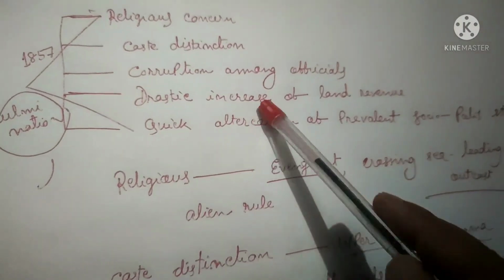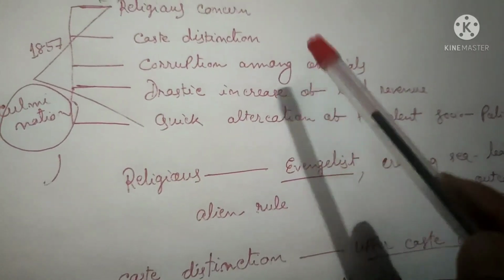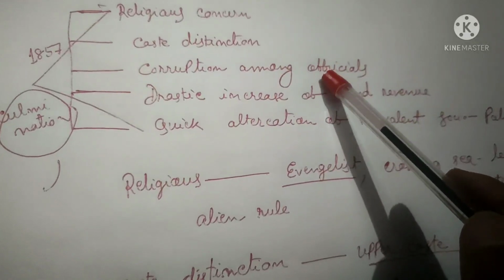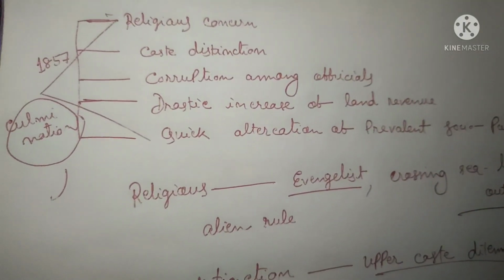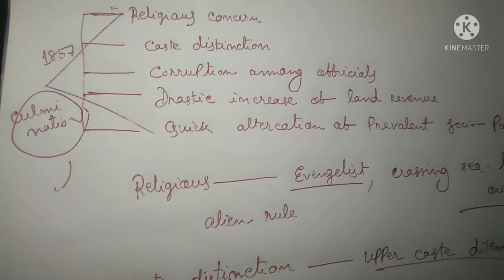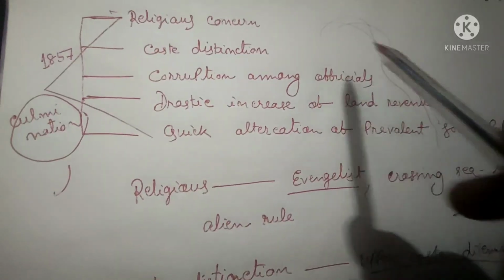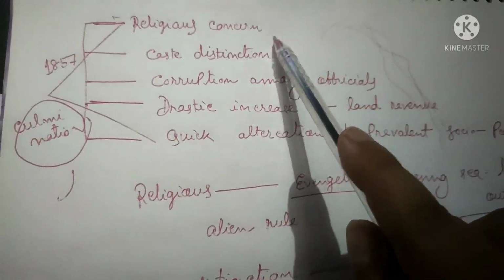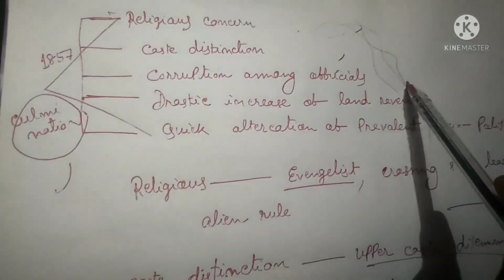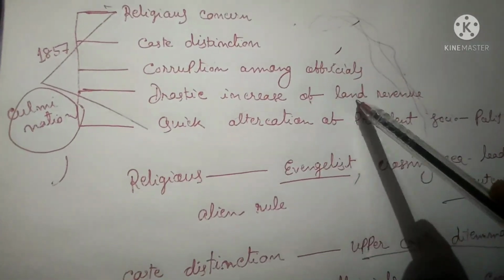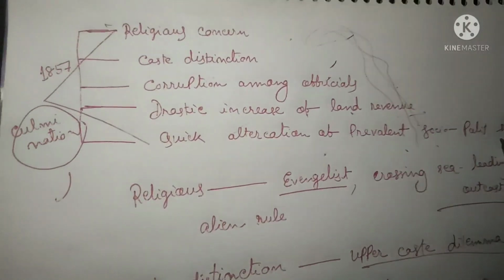Then if we try to analyze the factors which contributed to the 1857 uprising and which were prevalent in the preceding 100 years of British rule, this can be done in various points: religious concern, caste distinction, corruption among officials, drastic increase of land revenue, and quick alteration of the prevalent socio-political structure.